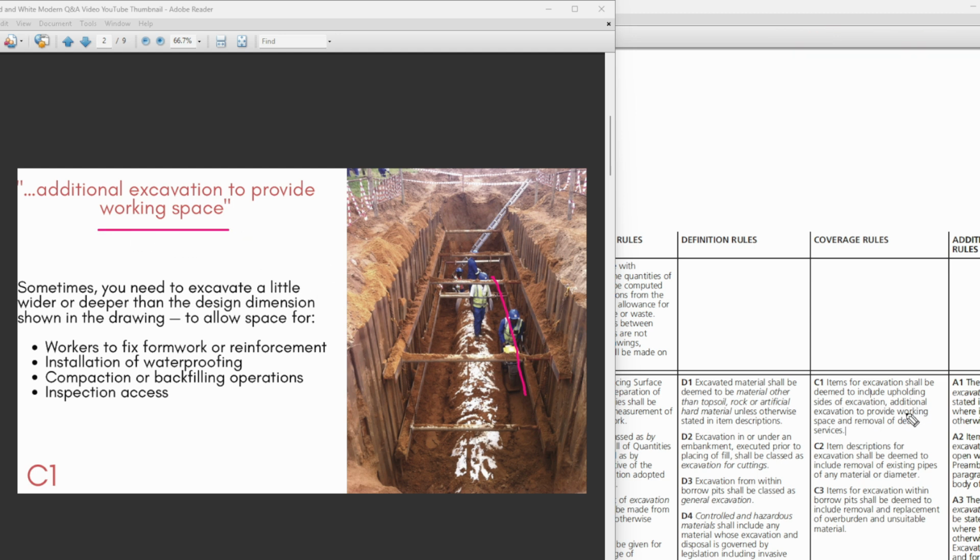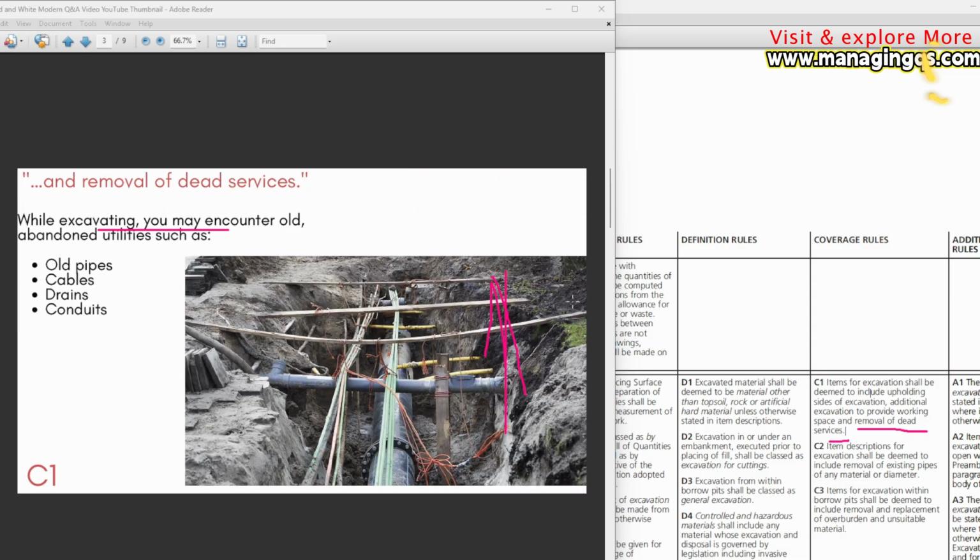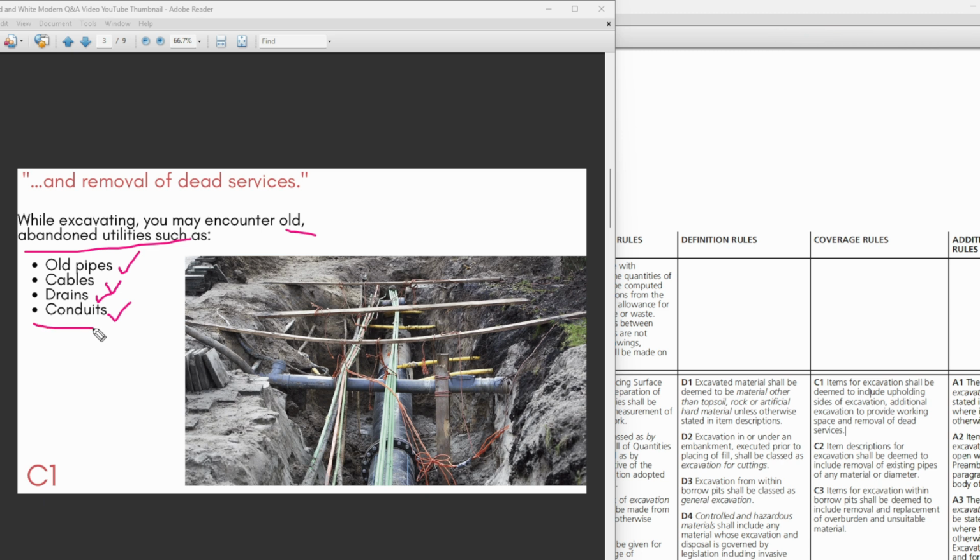So that is what this point says. The third one is the removal of dead services. When you excavate this trench, sometimes you can find dead services. Dead services mean old abandoned utilities, sometimes old pipes, cables, drainage related things, and conduits used for electrical and telecommunication purposes.